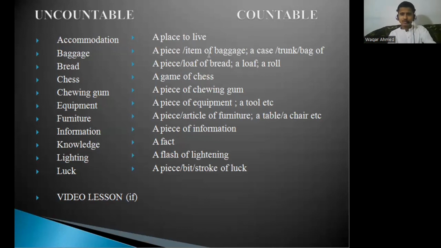Baggage: a piece or item of baggage, or a case or trunk, a bag of. And similarly, chess, chewing gum, equipment, furniture. These words can't be used with the letter S to make them plural, right? You can't say baggages or chesses or chewing gums or equipments or furnitures or informations or knowledges, right? If you do so, then you are making a mistake in English grammar.